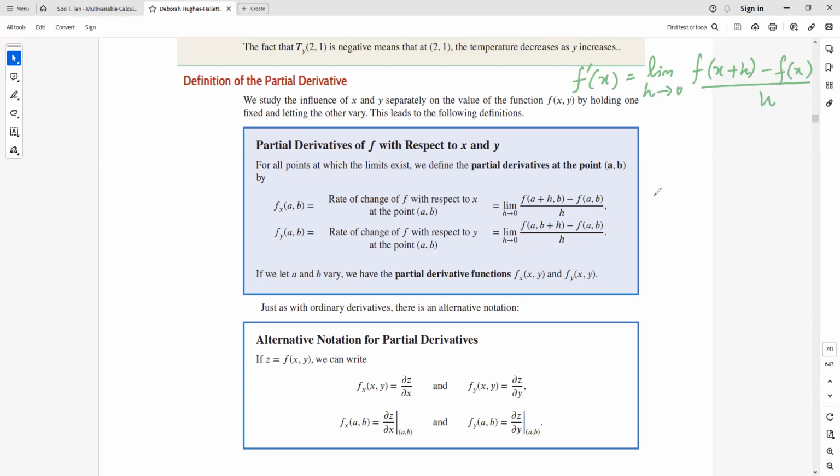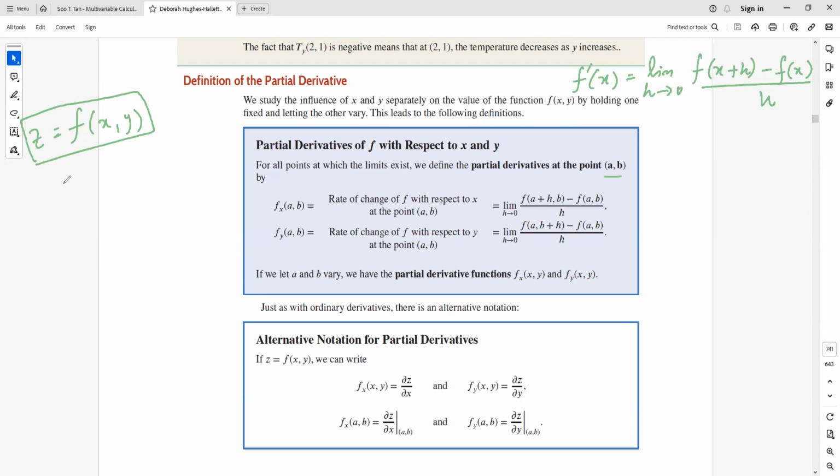Now, in the case of a multivariable function, since we are interested in two variables, say we are having a special case of two variables in multivariable functions. Let's say we have a function of x and y. Therefore, now the change in the function is not only in one direction. Now the change is with respect to two variables.